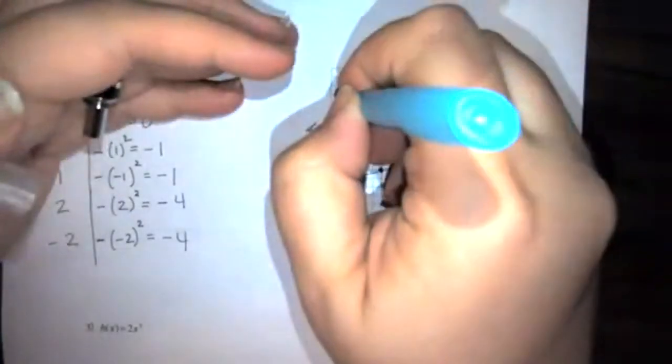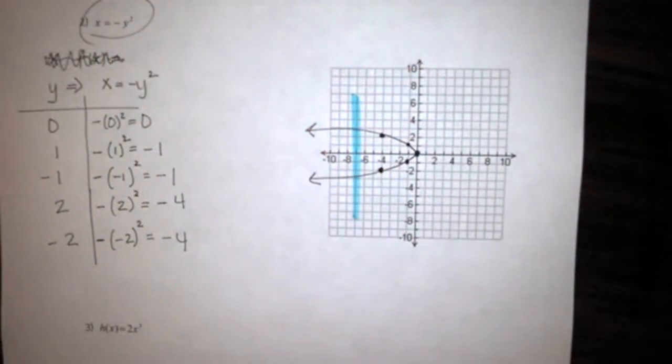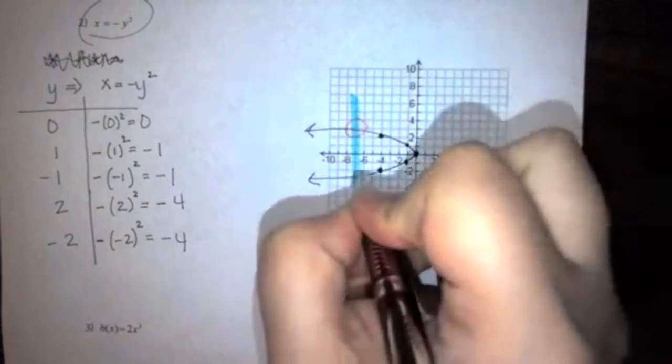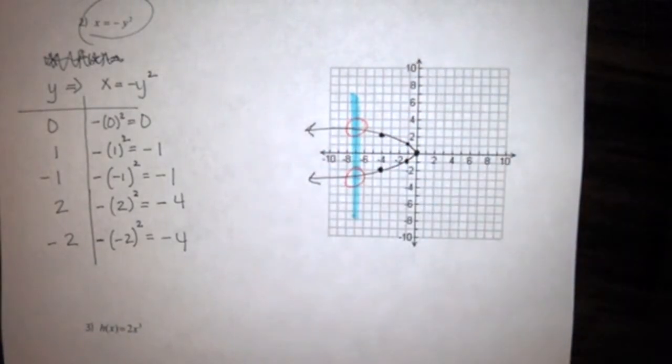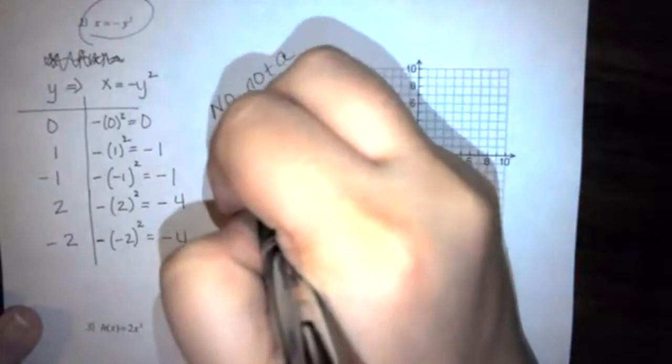So we have to drop a line in, and what do you notice? Well, what you should notice is that this vertical line is crossing at 2 places. Therefore, this is not a function. You fail the v-test.